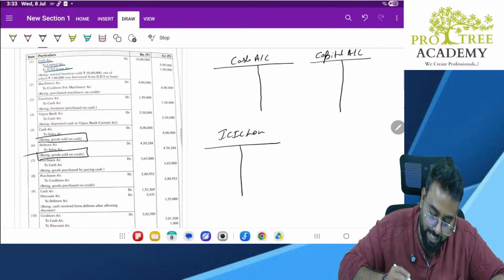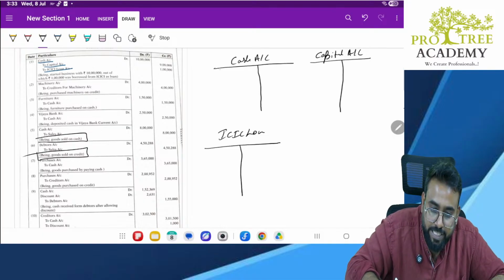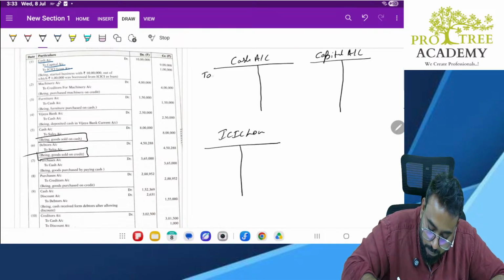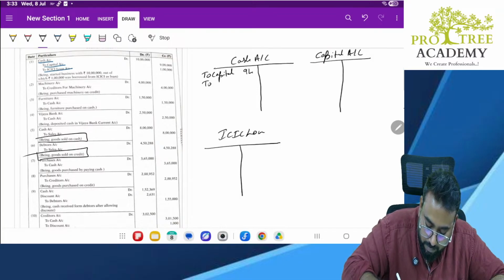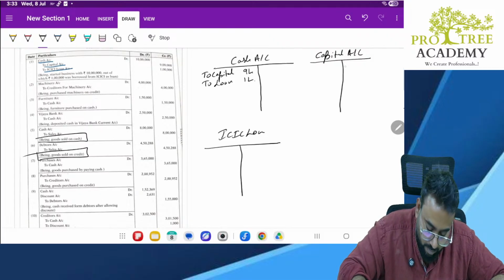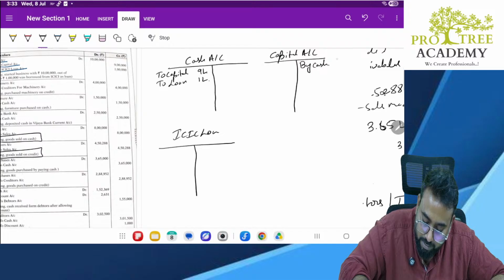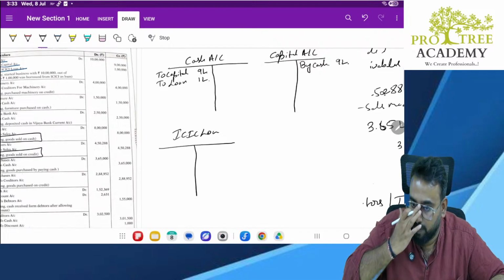Correct. What is the entry? Cash account debit, so we'll start on the debit side, correct or no? To, how much? Correct? Everybody here? By capital is created, correct or no? So it will be 9 lakh.